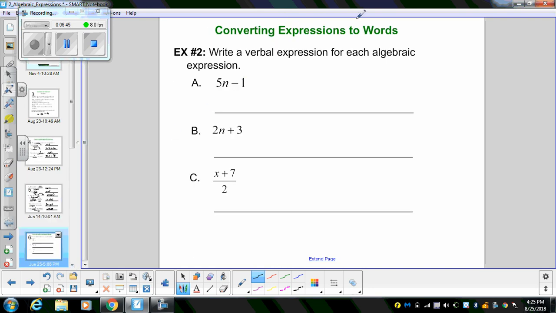So, converting expressions to words. Example 2 says write a verbal expression for each algebraic expression. So now we got this.